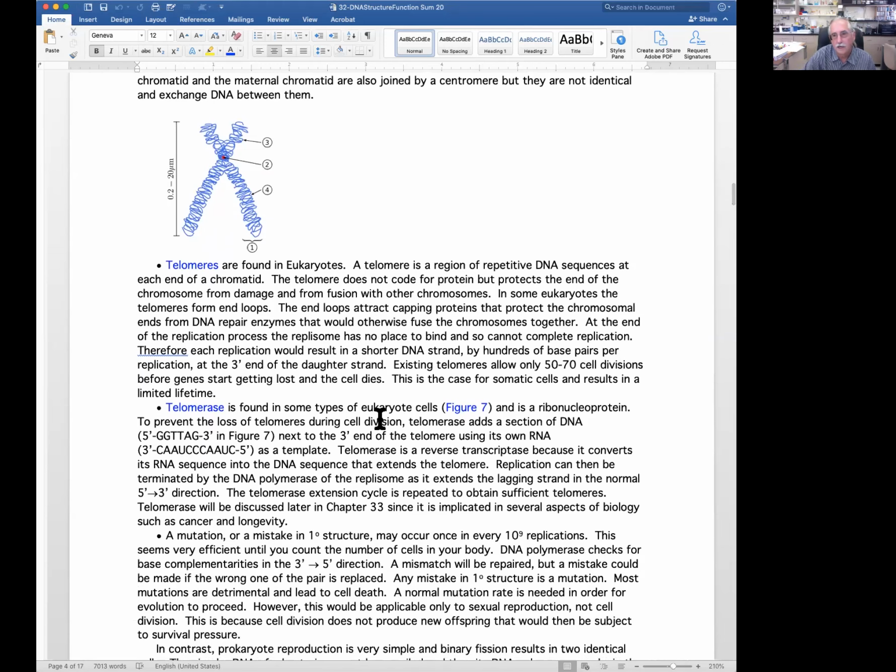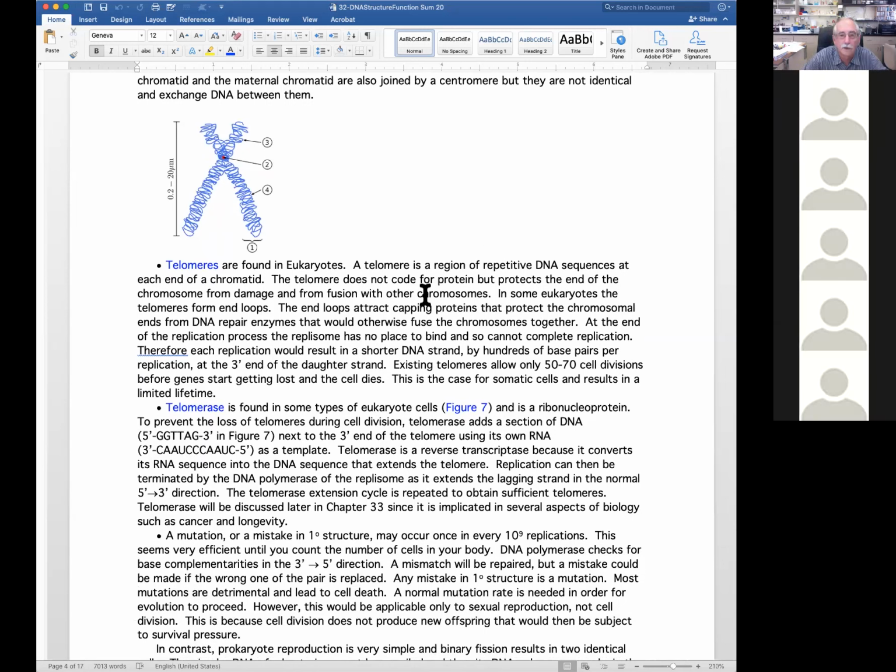And then in eukaryotes, we have what's called telomeres. So telomeres are a region of repetitive DNA sequences at the end of each chromatid. It doesn't code for protein. What it does is protect the chromosome from damage and from fusion with other chromosomes.